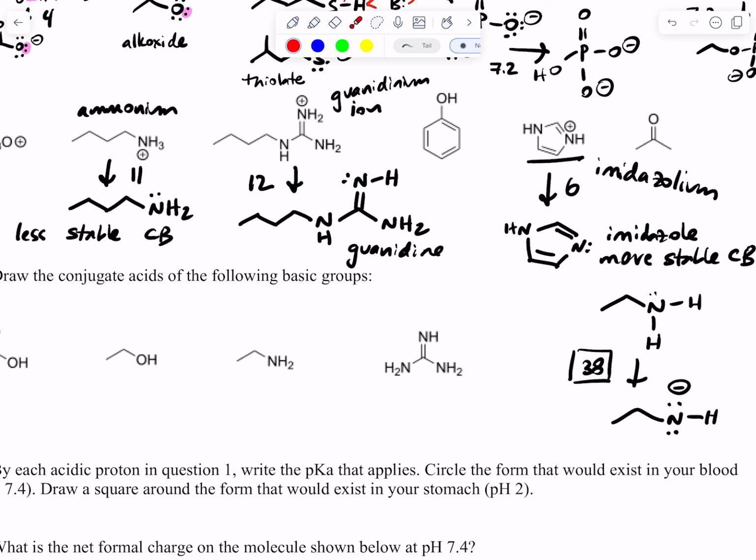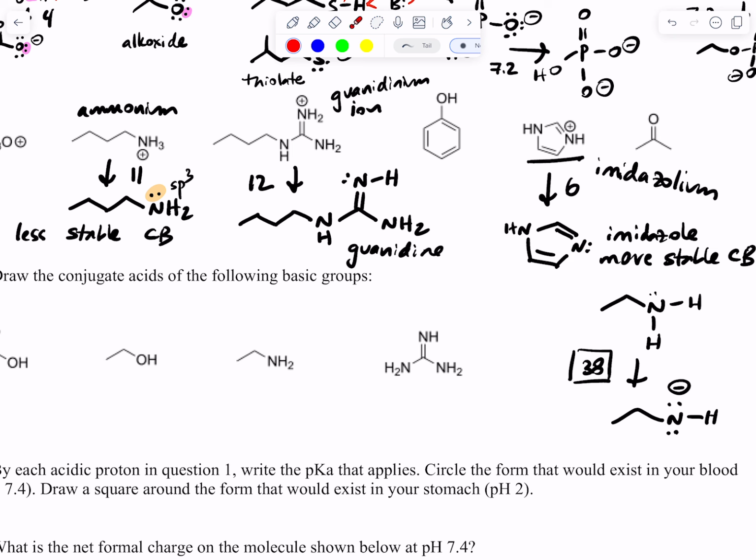Compare these two lone pairs. What kind of orbital is this lone pair in? Should be sp3 because the nitrogen is surrounded by 4 groups. So it needs to be tetrahedral. How about this nitrogen? What is its hybridization? sp2.